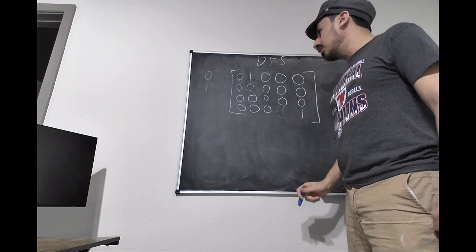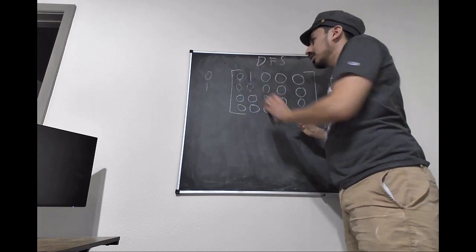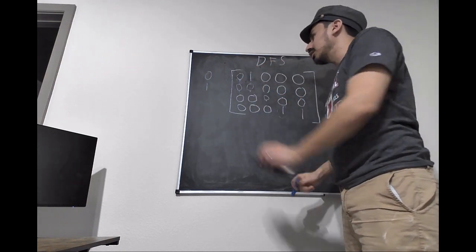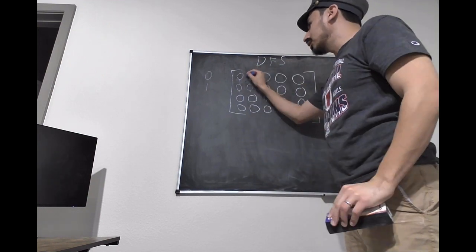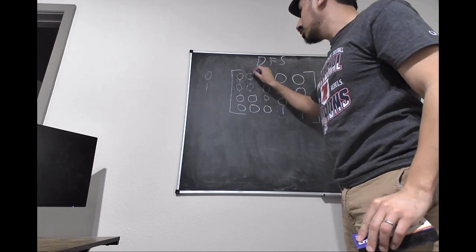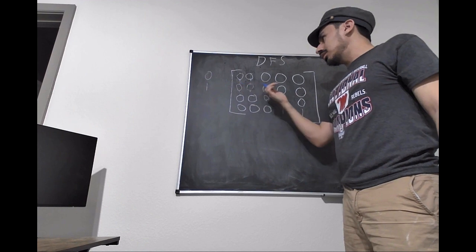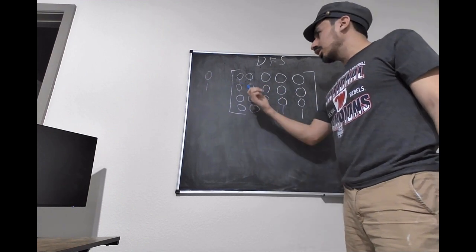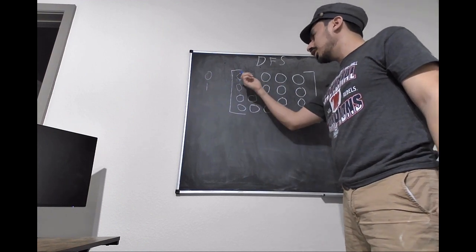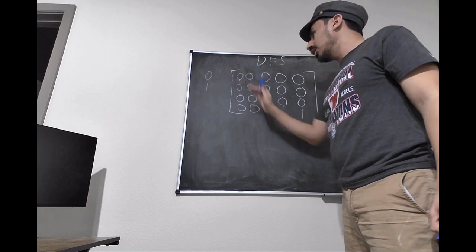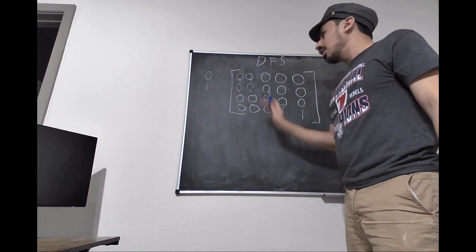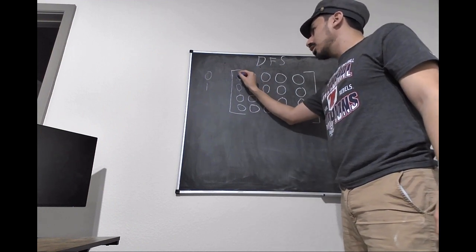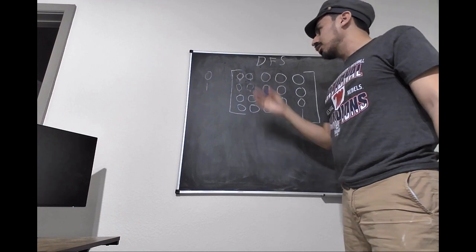Now, when we do that, let's go back up here to these top 4 ones. Once they're all marked as 0, we're gonna call the depth first search here, and we're gonna end up marking all 4 of these as 0.